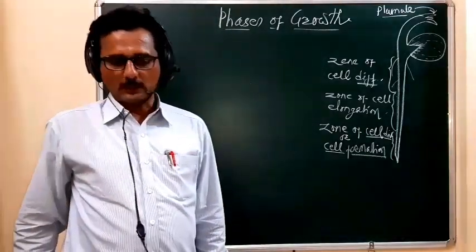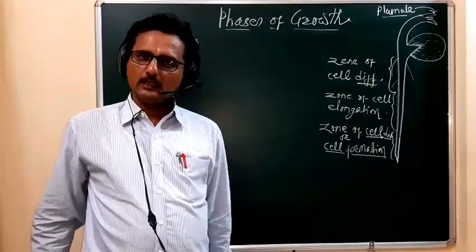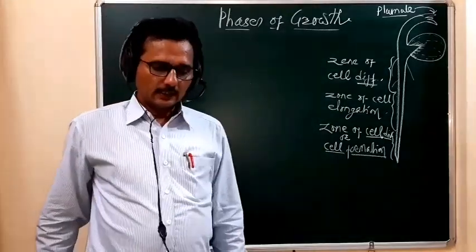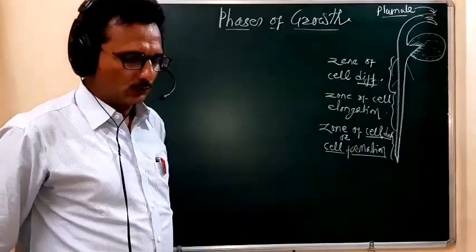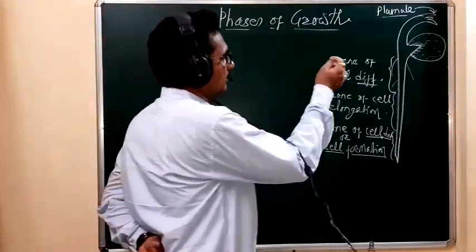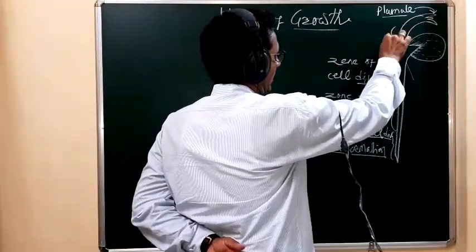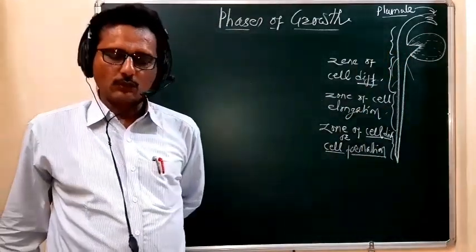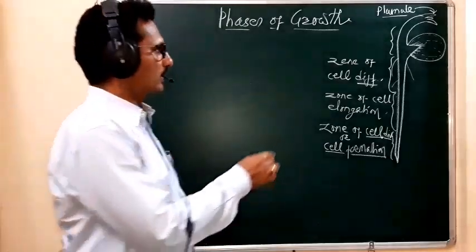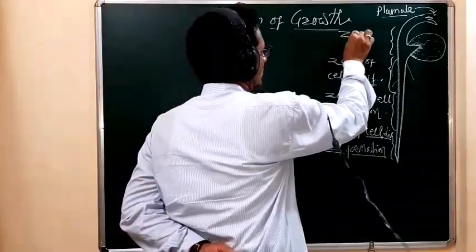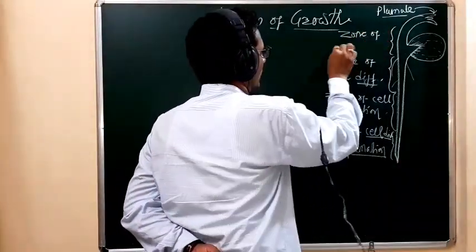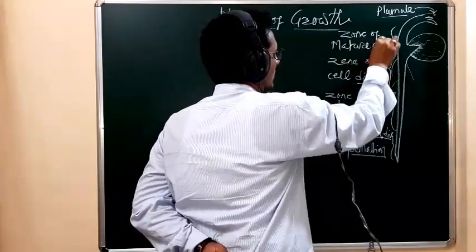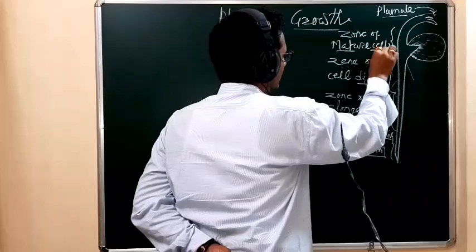Then it is followed by the final phase of growth, which is called the zone of cell maturation, or the zone of mature cells.